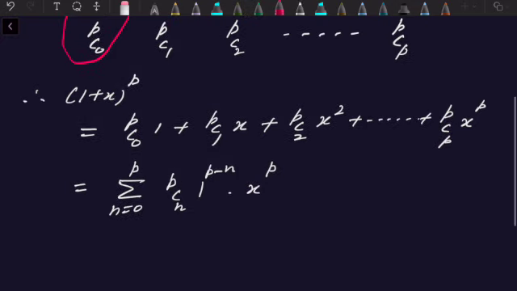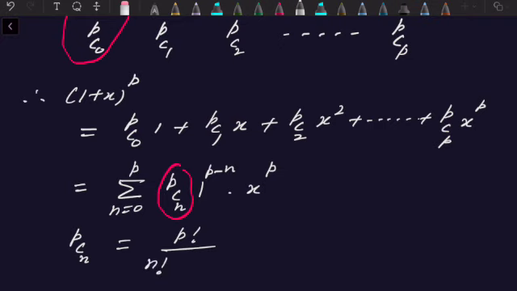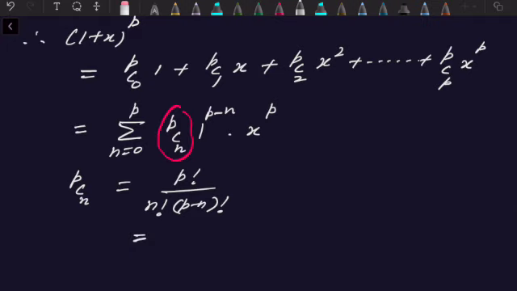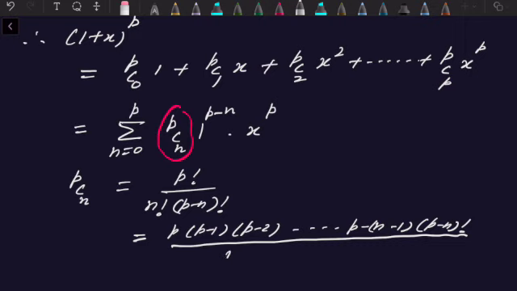Then we simplify pCn with the help of the factorial formula. So pCn is equal to p factorial divided by n factorial into p minus n factorial. If we simplify that, p factorial is p into p minus 1, p minus 2 and so on, down to p minus n plus 1, into p minus n factorial in the numerator, whole divided by n factorial into p minus n factorial.